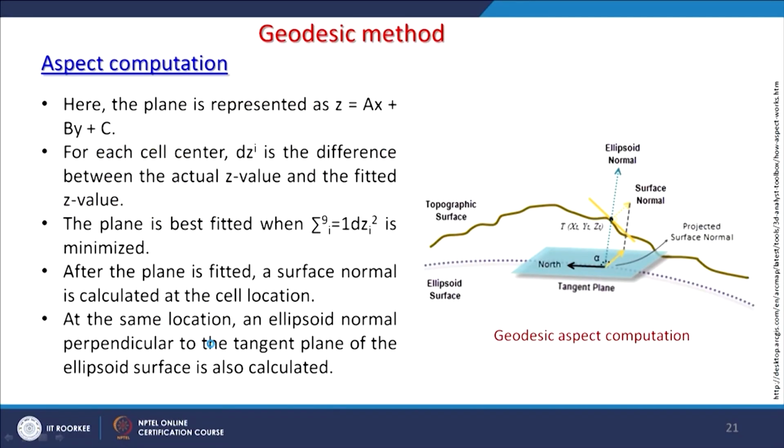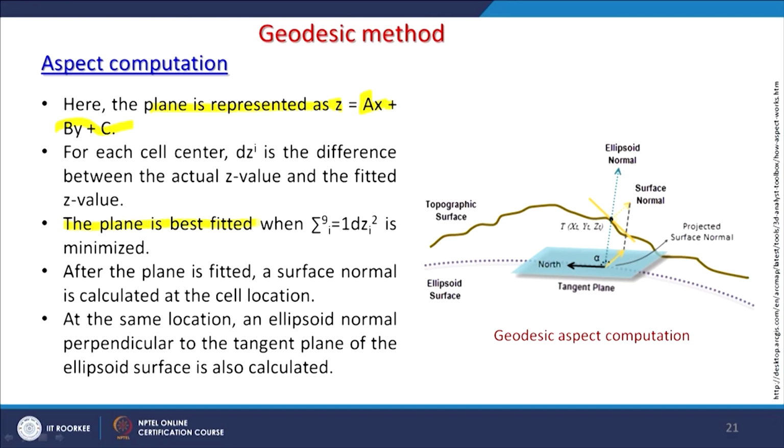So in this calculation, the plane is represented as Z equal to AX plus BY plus C, and for each cell dZi is the difference between the actual Z value and the fitted Z value, because here we are taking an ellipsoid. So there will be a difference in the Z value. So that also has to be counted while doing this aspect calculation employing the geodesic 3D Cartesian system.